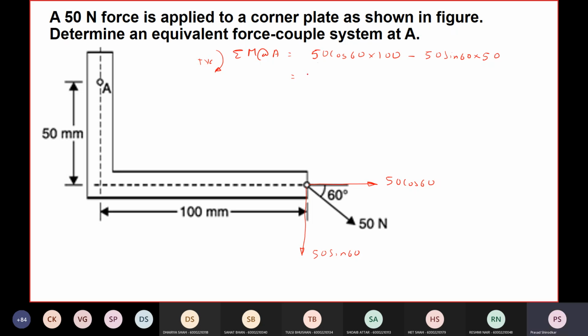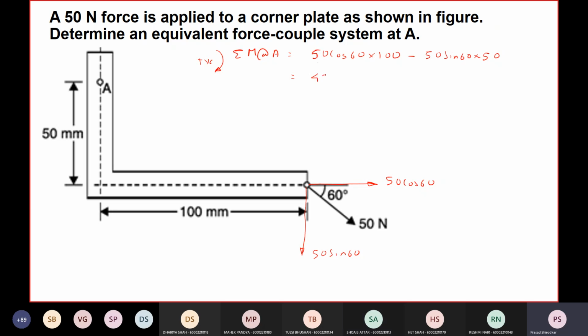Yes, anybody else? 334.9. What is 50 cos 60? 25. No, 50 cos 60 is not 25.